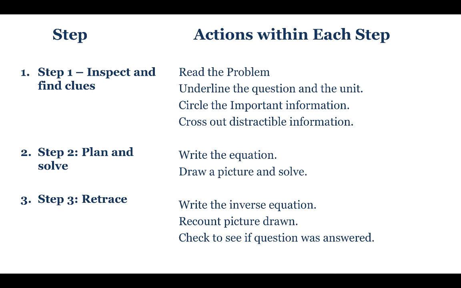So I'm teaching them an explicit strategy, and of course I would have to help them with the language aspect of what's relevant and irrelevant, or what's important or distractible. Step 2, we need to write the equation. By going up to step 1 and circling and underlining, hopefully, especially if we work with the keywords, we'll be able to get the equation out. And then drawing a picture, as we just mentioned, is an element of this that can have a lot of power in understanding how to solve.